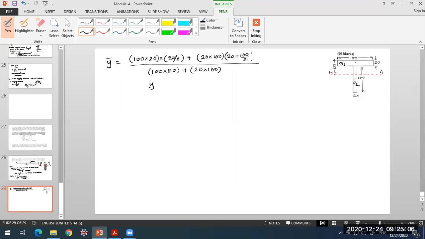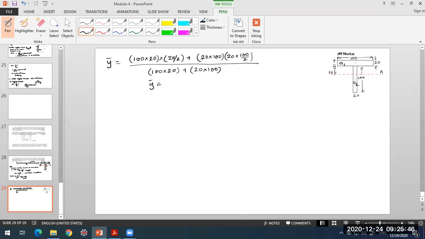So what will this y bar be equal to then? We have 100 into 20 into 20 by 2, plus 20 into 100 into 20 plus 100 by 2, and the whole thing divided by A1, 100 into 20, plus A2, that is 20 into 100.